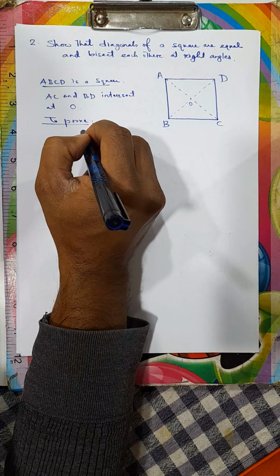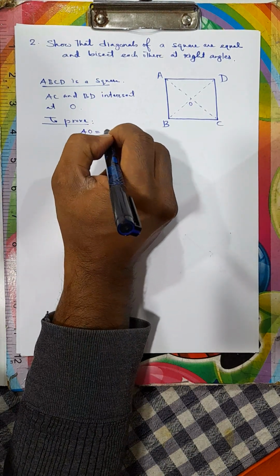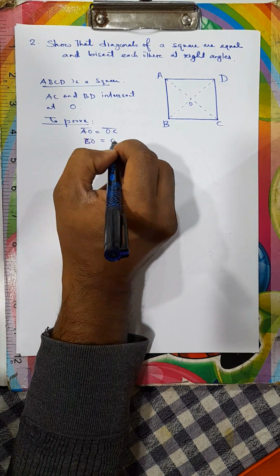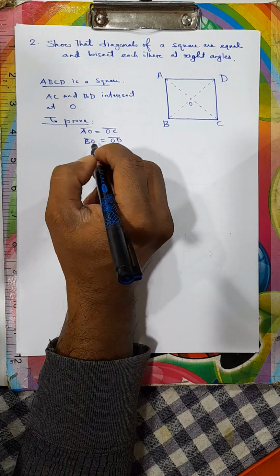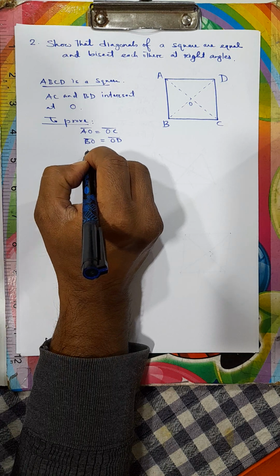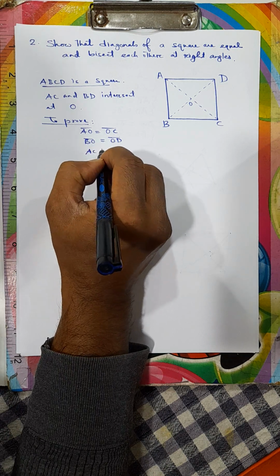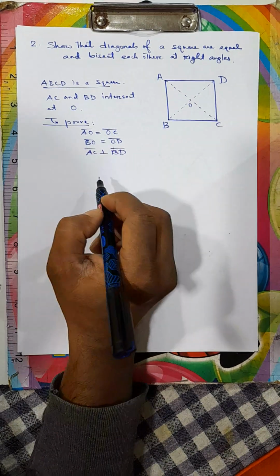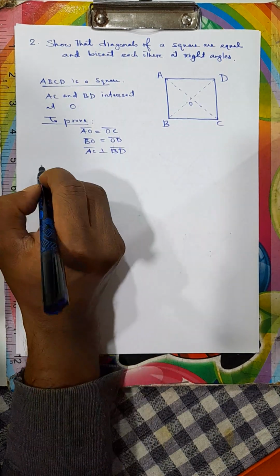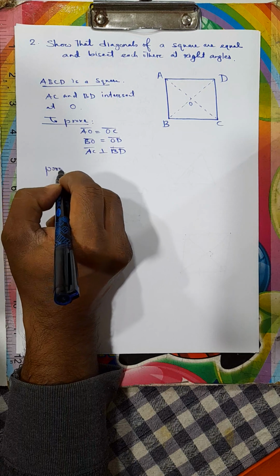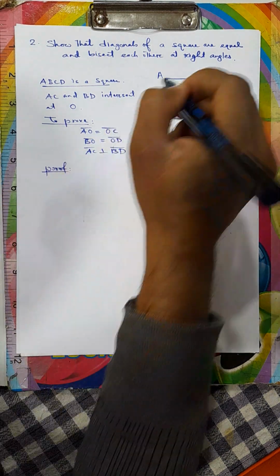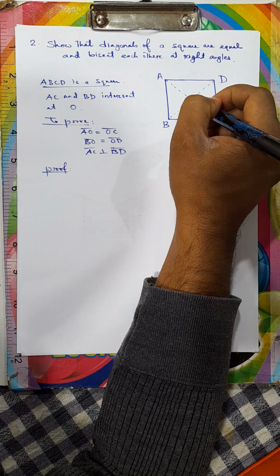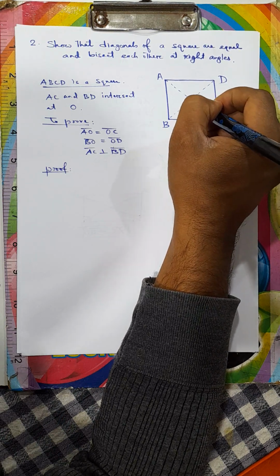We have to prove that AO equal to OC, BO equal to OD. Then we have to prove that AC perpendicular to BD. That means diagonals are perpendicular to each other. So let us prove this. So we have to prove that this angle is a right angle or this angle is a right angle, right?